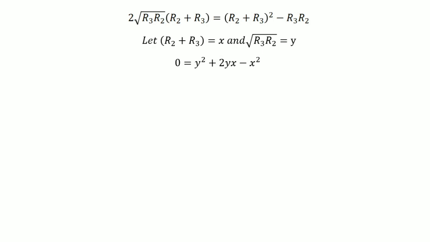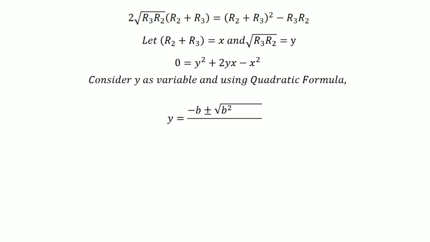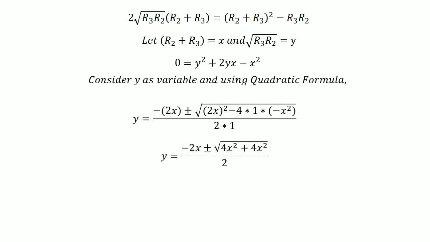Now consider y as variable, and using the quadratic formula, which is y equals negative b plus or minus square root of b square minus 4ac over 2a, and putting the values, we get this. And now make it in a simpler way. So we have y is equal to x times minus 1 plus or minus under root 2.